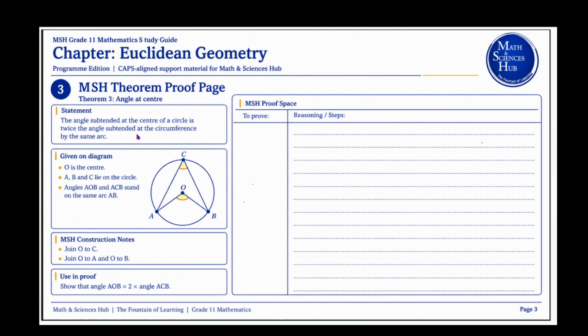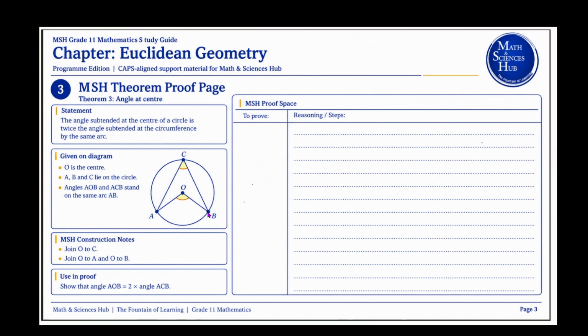So let's interpret that statement in relation to the diagram. In the diagram, we are given that O is the center of the circle. Of course, we need O as the center because the statement of the theorem itself involves the center of the circle. A, B, and C lie on the circumference of the circle, and angles AOB and ACB stand on the same arc AB.